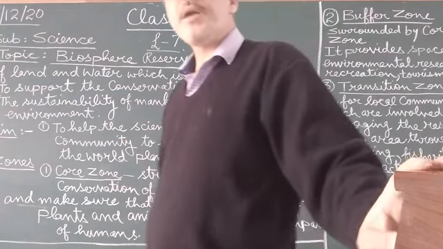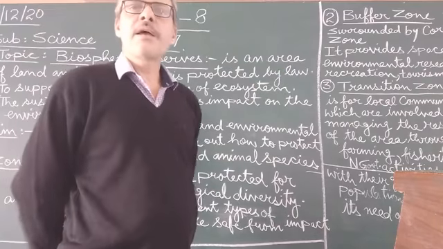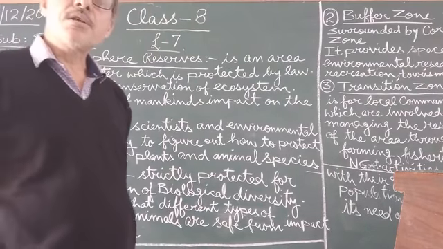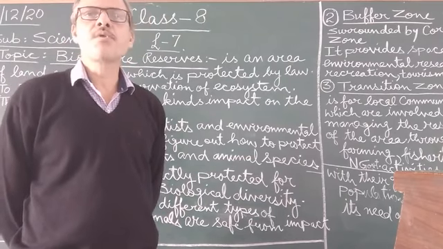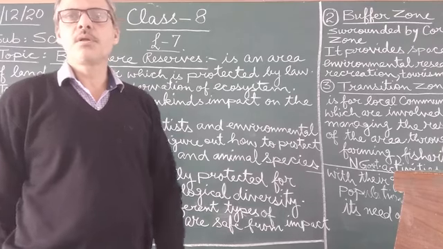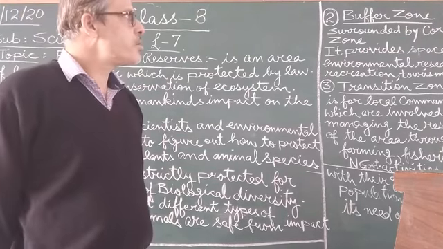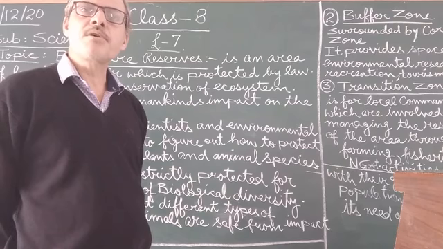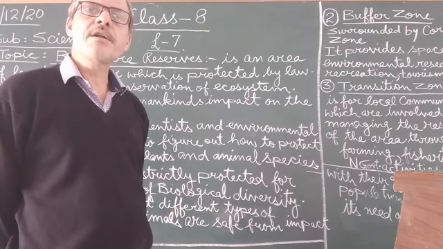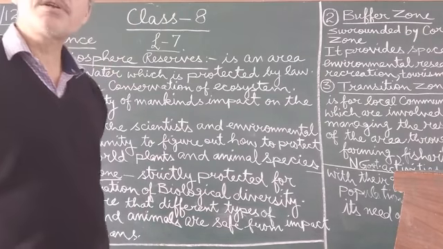Then the second main part of the Biosphere Reserve is the buffer zone, and this buffer zone is surrounded by the core zone. This zone is providing space or place for environmental research.